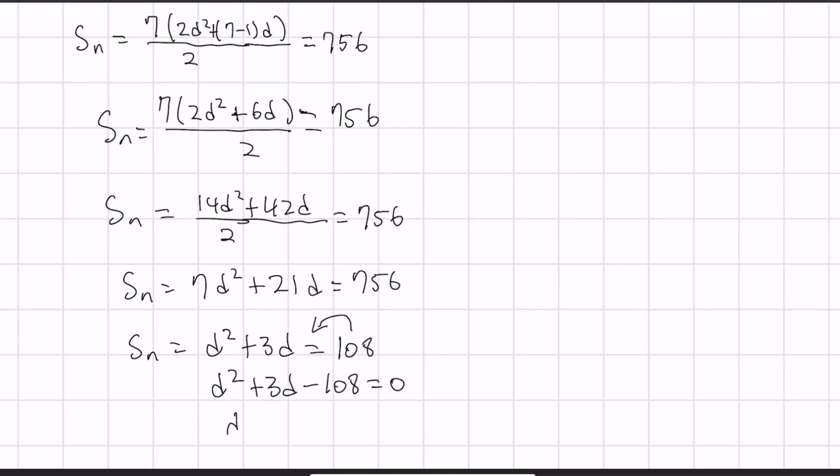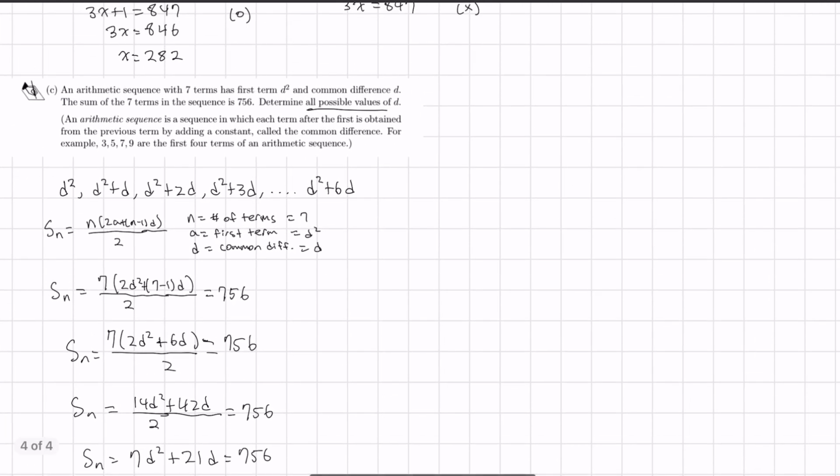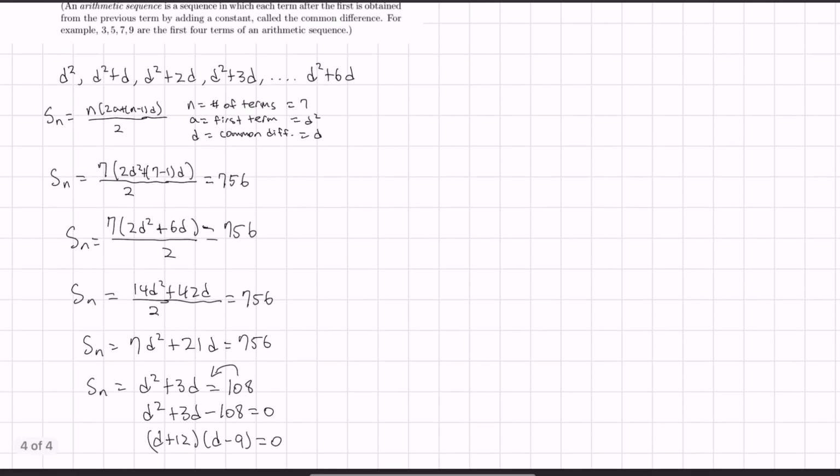So d plus 12 times d minus 9 equals 0. So the question above asks for all possible values of d. So the final answer should be d equals negative 12 or d equals 9. And that would be our final answer.